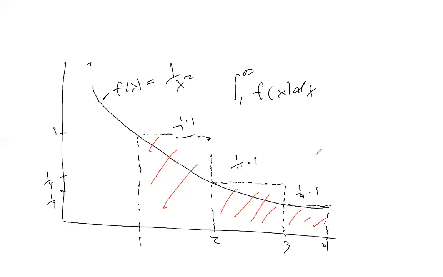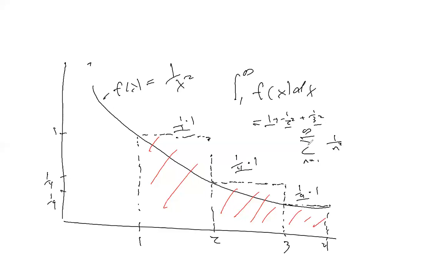And if I added up all these rectangles, what would I get? I would get my series, 1 over n squared. Why? Because it's 1 plus 1 over 2 squared plus 1 over 3 squared. That's the heights. Each of these is the heights: 1 squared, 1 over 2 squared, 1 over 3 squared, and so on.